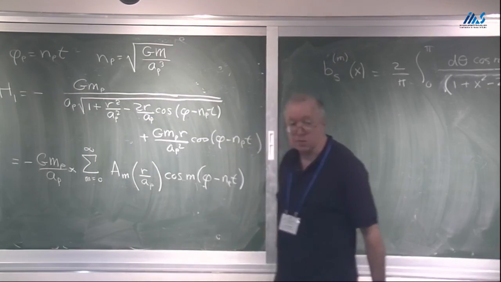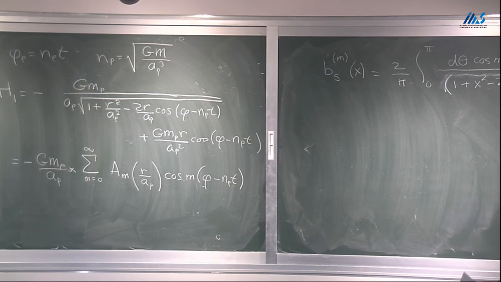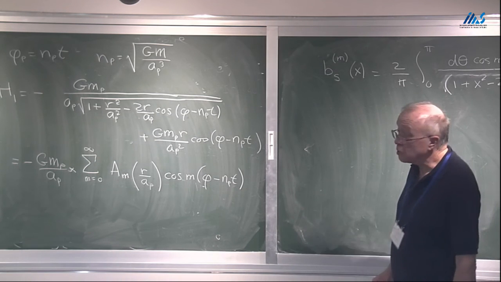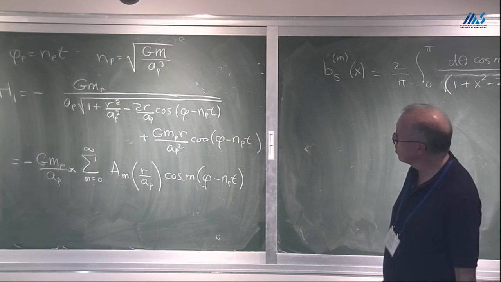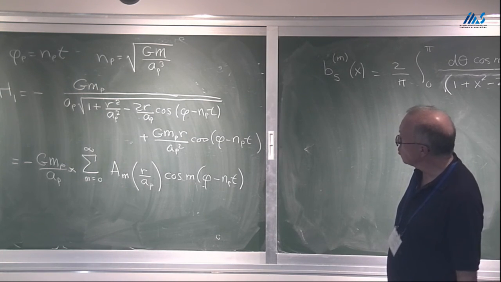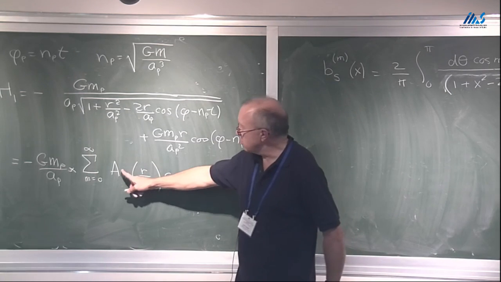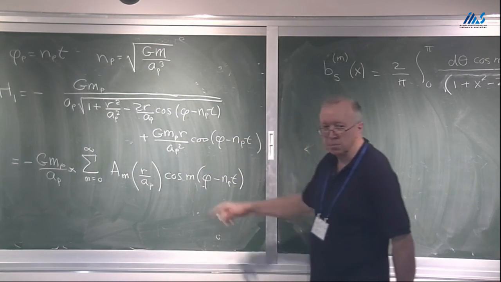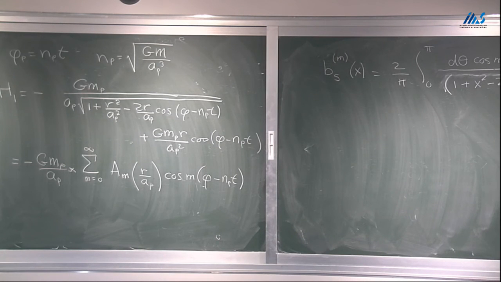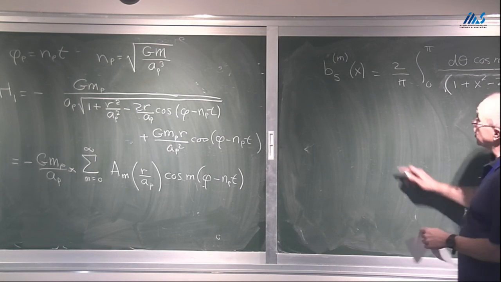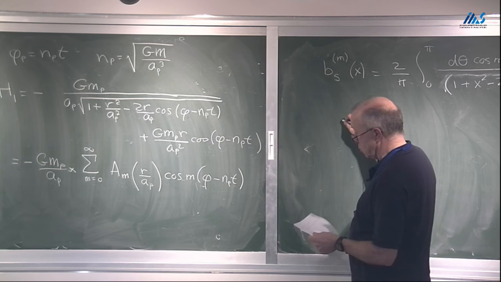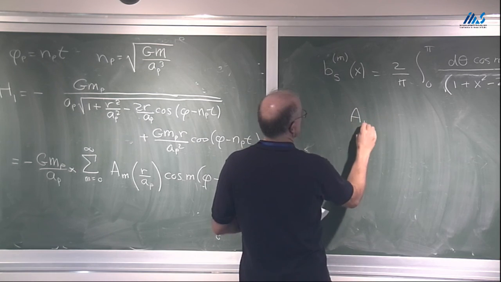And so I can define these to be whatever I like. No, this is a function of, not a multiplication. Right, sorry. And the relation between the a_m's and Laplace coefficients is pretty simple.